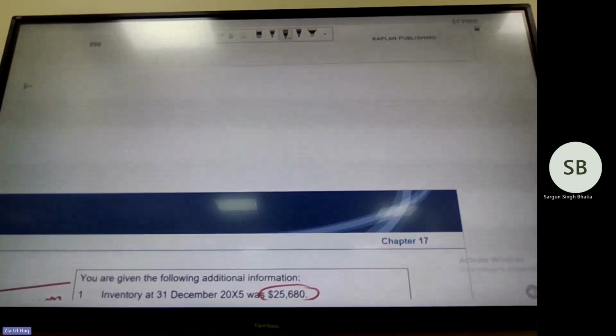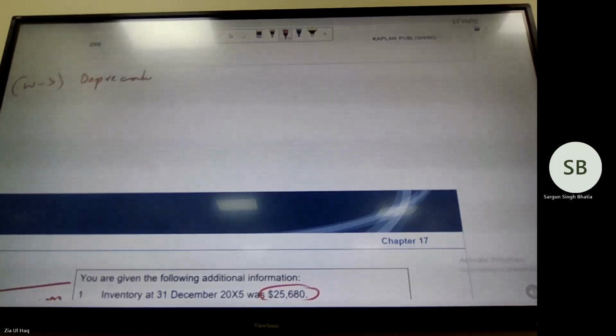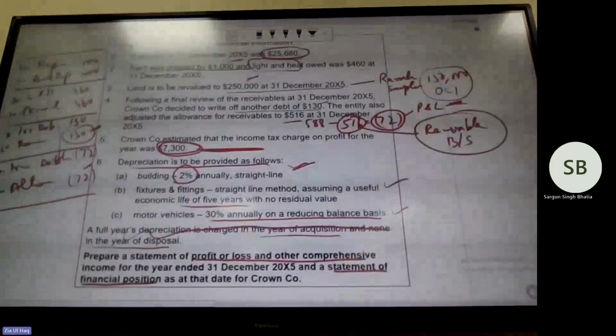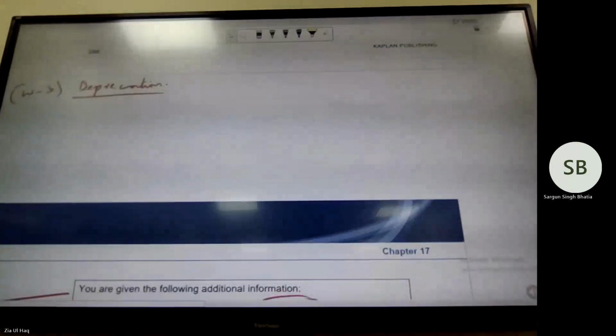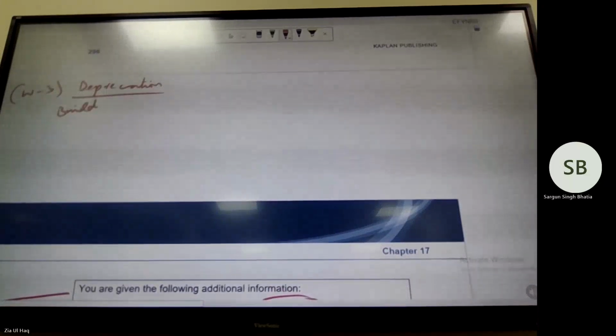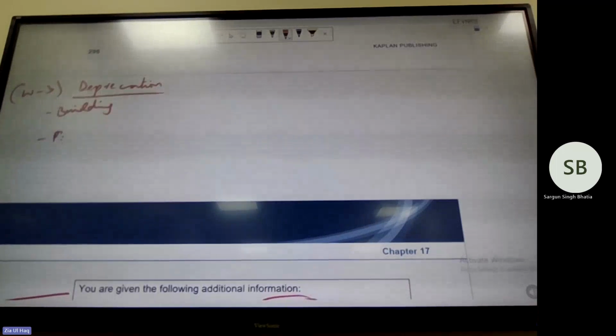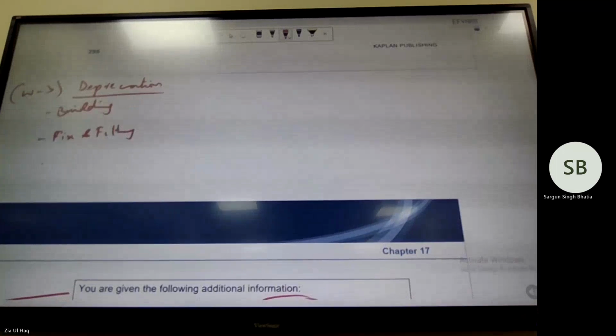We have three types of assets on which we need to charge depreciation: building, fixture and fittings, and motor vehicle.